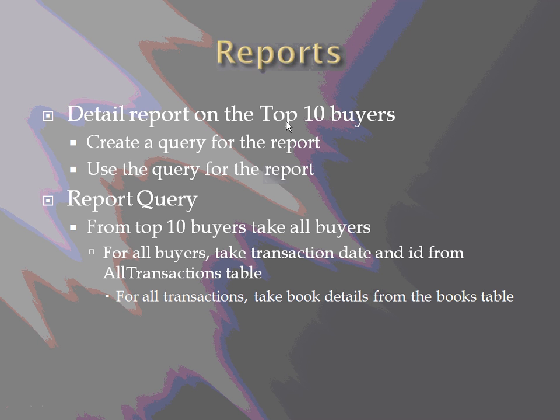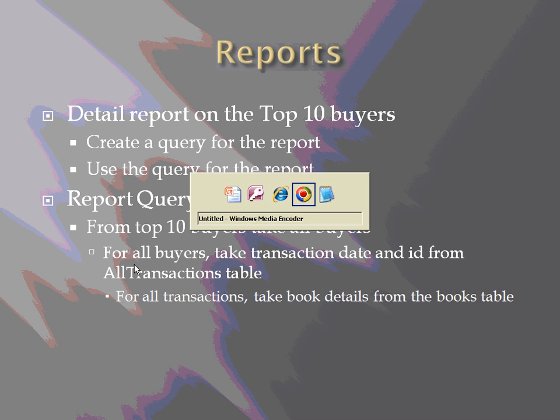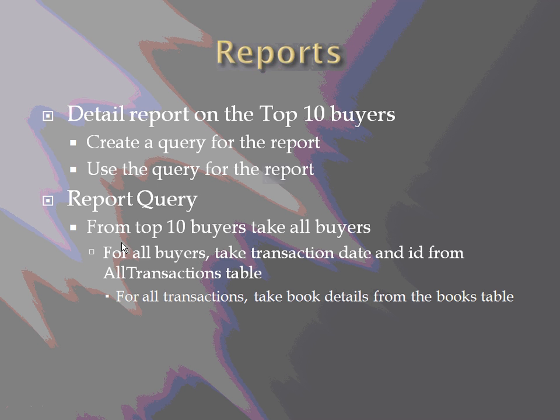Then we will use the query for the report. The logic will be, we have to consider the top 10 buyers table, and from the top 10 buyers table we will be taking all the buyers, and for all the top 10 buyers, we will consider the corresponding transaction data.